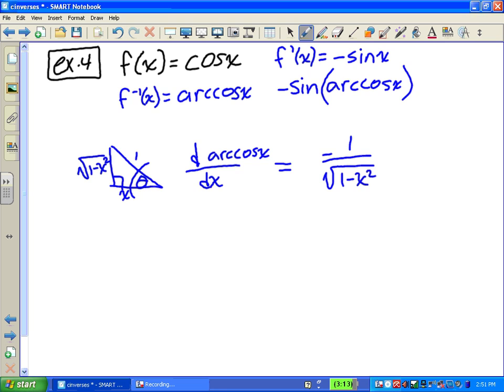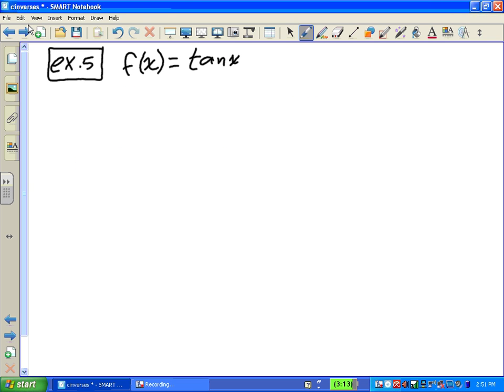And let's do one more. If f of x is tan x, then f prime of x equals secant squared x. F inverse is arc tan of x.